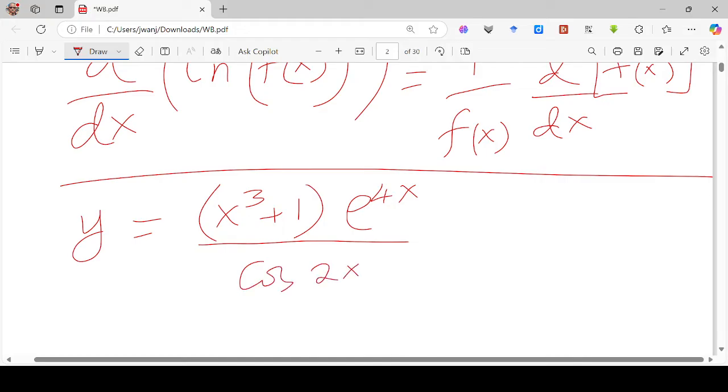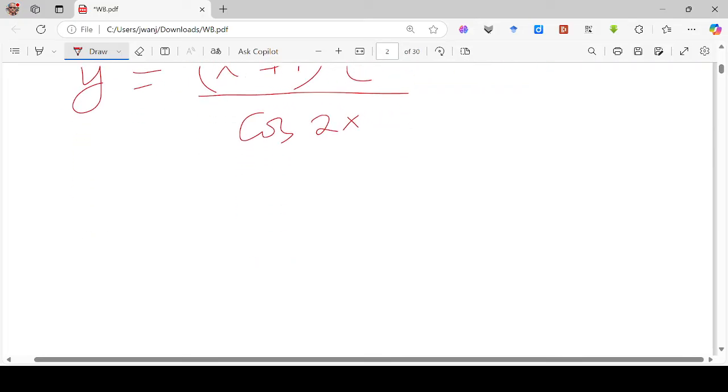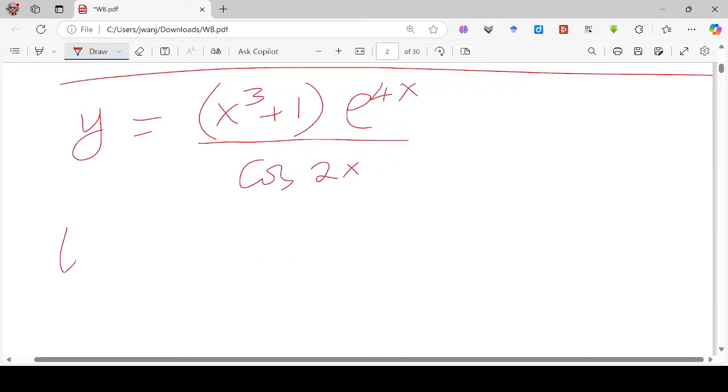The first step when using this method is to take logarithms on both sides of this function. So we take the logarithm on the left hand side and the logarithm on the right hand side.